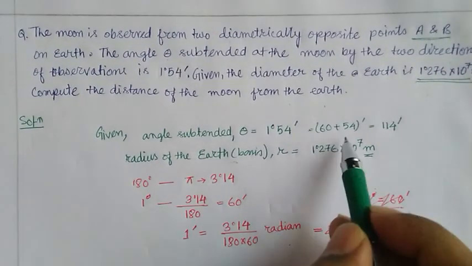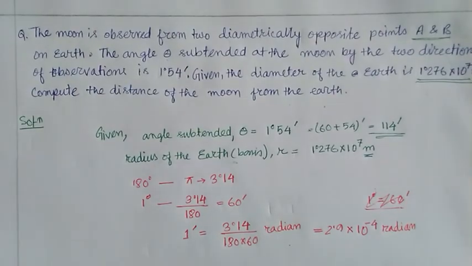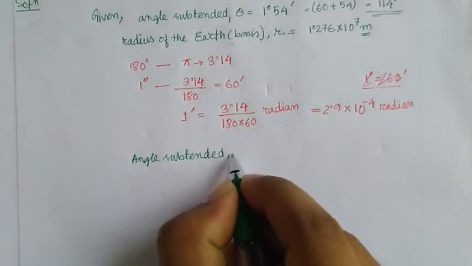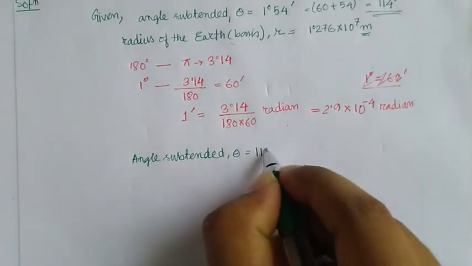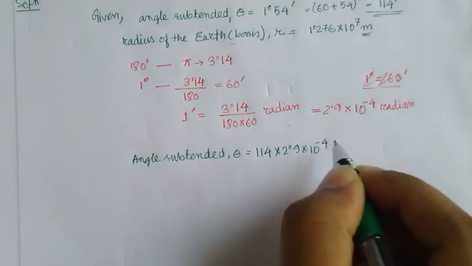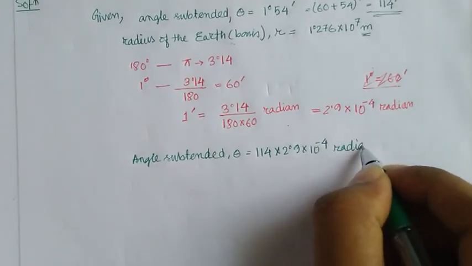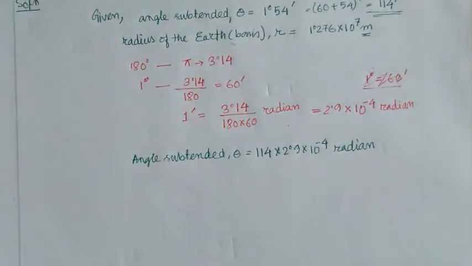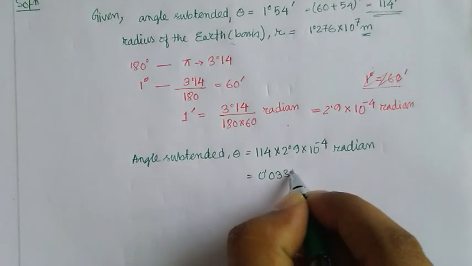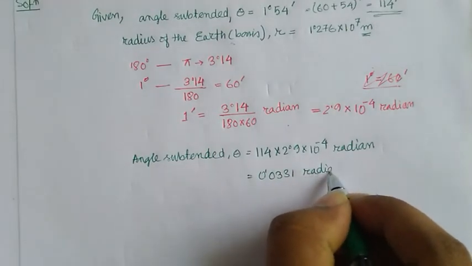Therefore, this angle subtended is 114 into 2.9 into 10 to the power minus 4 radians, which is again equal to 0.0331 radians.